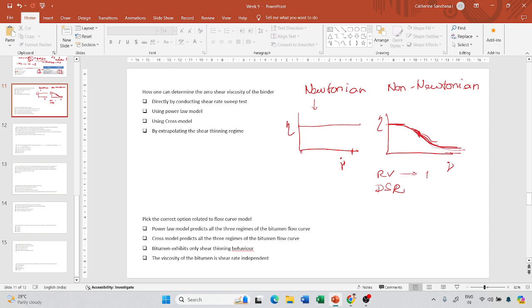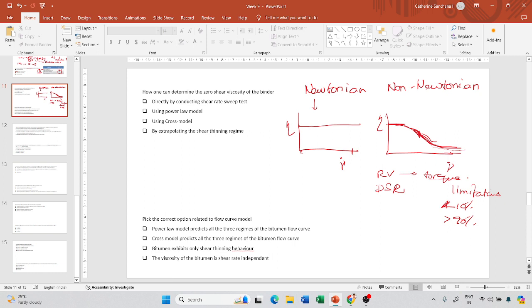Because it has torque limitations. I cannot go below 10% or above 90% of the torque capacity of the equipment. If I do that, then my results may not be correct.